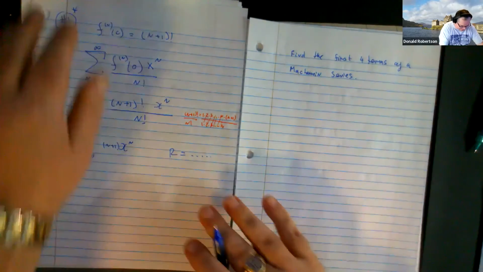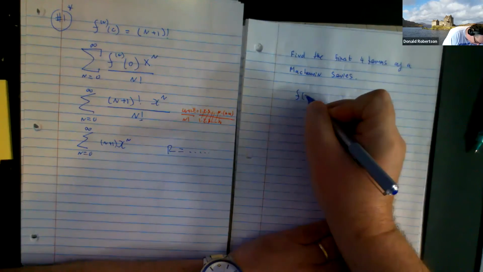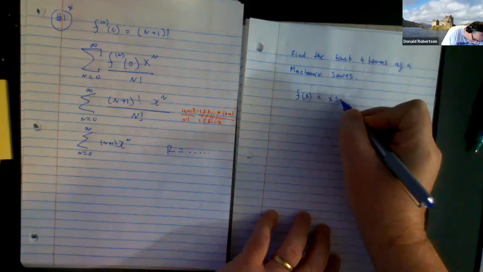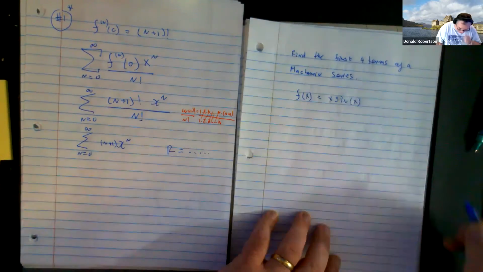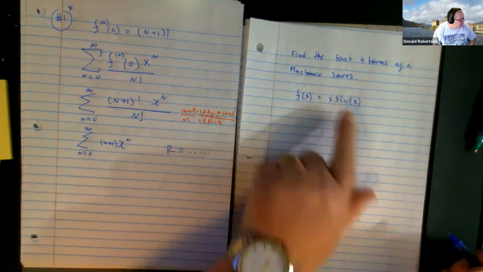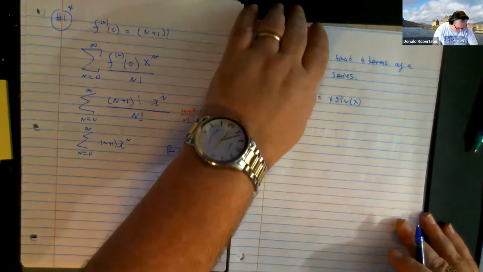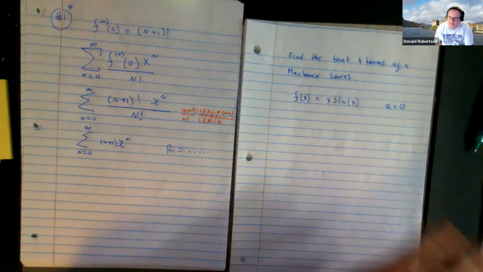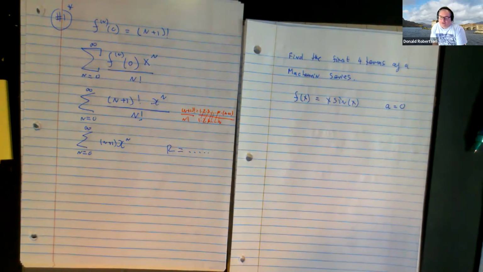So let's pick an example of a function that we could do that to. Suppose I told you f of x is equal to x sine x. And I want to find the first 4 terms. And we would center it at 0. That's just their way of saying Maclaurin's.